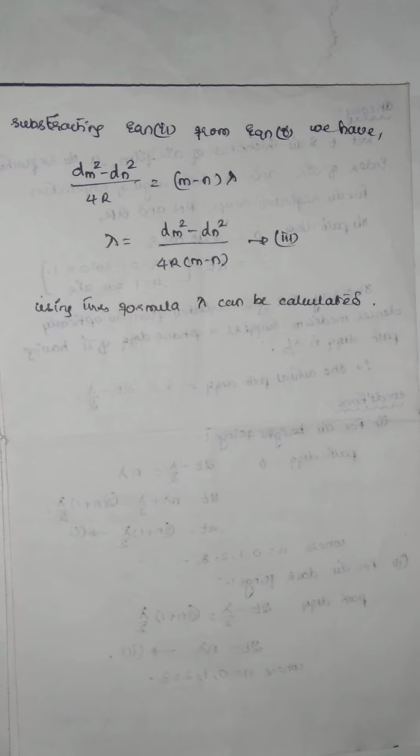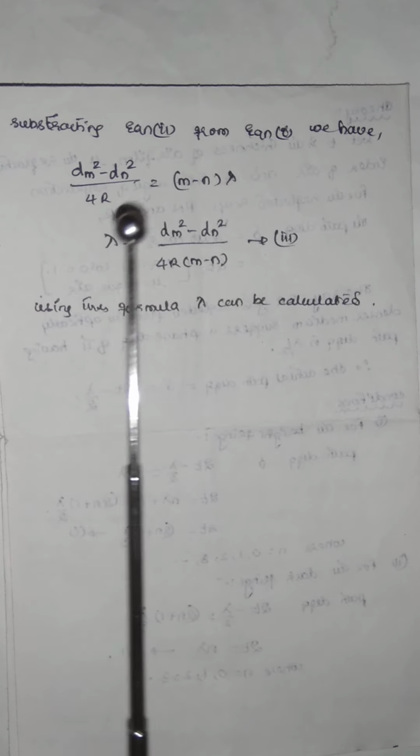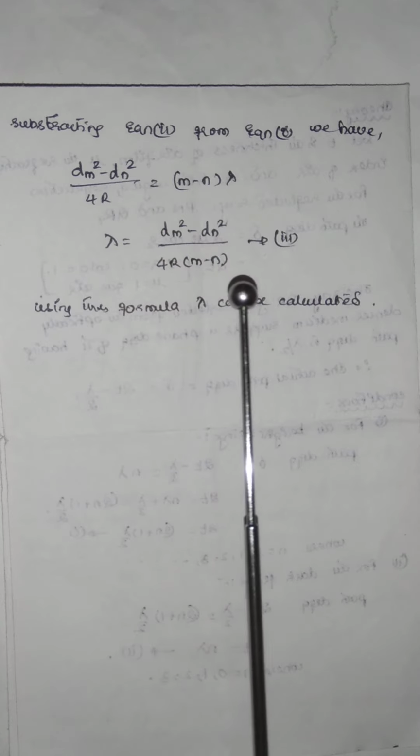Now substituting these two values, dm square minus dn square by 4r is equal to m minus n into lambda, or lambda is equal to dm square minus dn square by 4r into m minus n, which is the formula with which we can calculate the value of the wavelength.